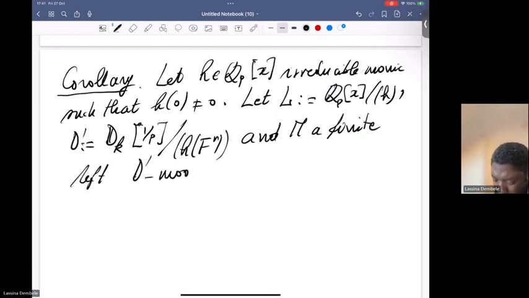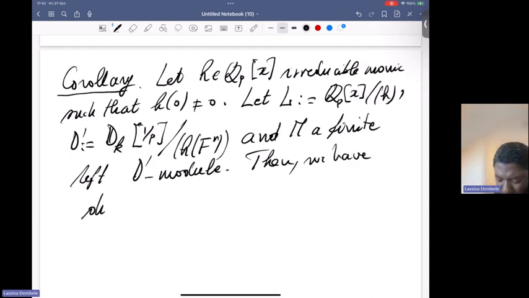Then the corollary says the following. We have the following dimension agree.